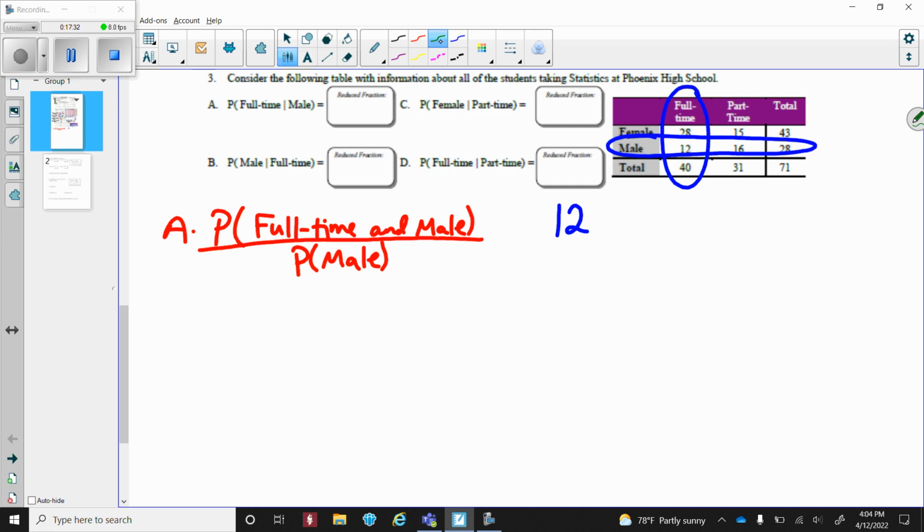The denominator says the probability that someone is male. So all we're looking at is this total here. Out of all the men, we have 28 total. So my denominator is going to be 28. And when I set this up as a fraction, I can simplify that down, and that's going to give me 3/7.